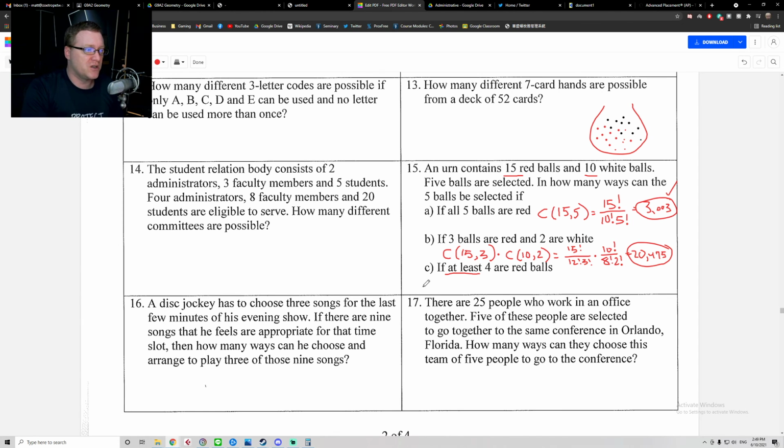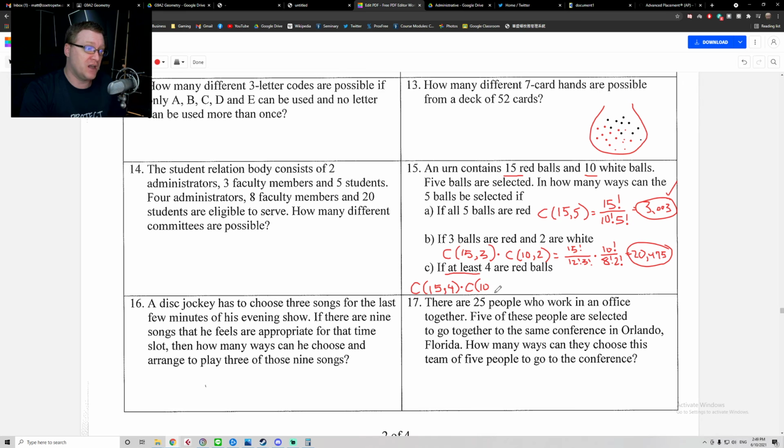Because we're going to first go, all right, what's the number of ways of getting 4 red balls? Well, that's going to be, out of the 15 red balls, we're going to get 4. All right, 15, comma, 4. And because there's one more ball left over, we also need to choose 1 white ball, right?